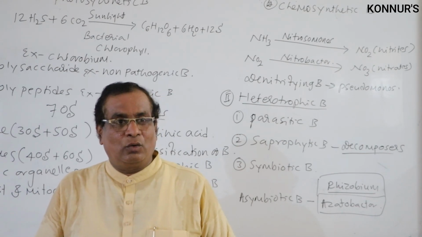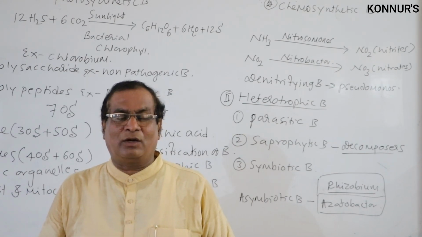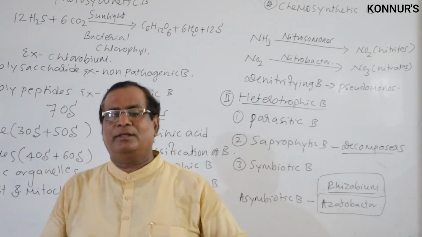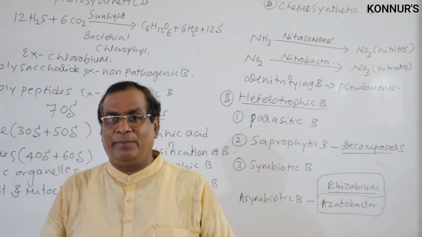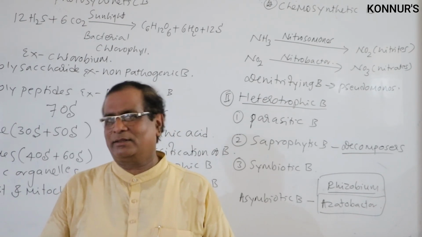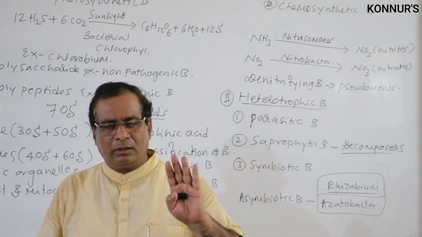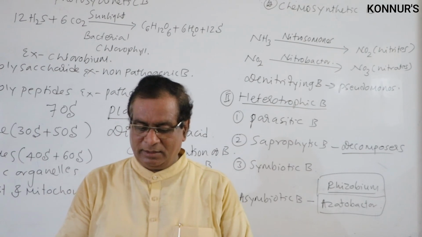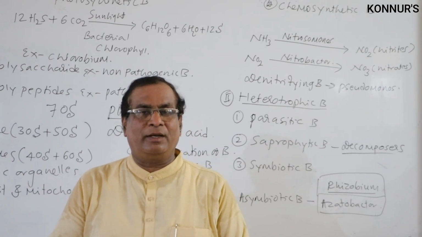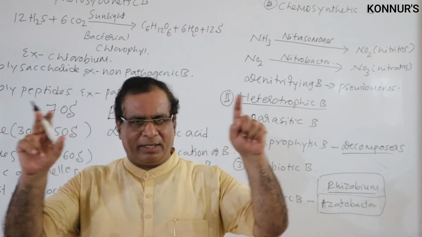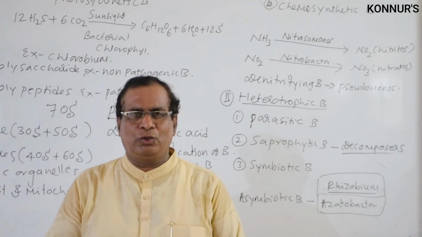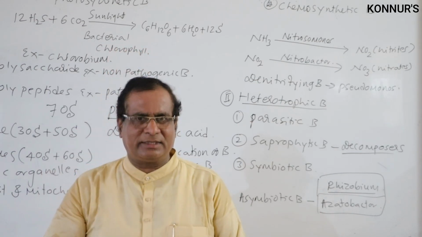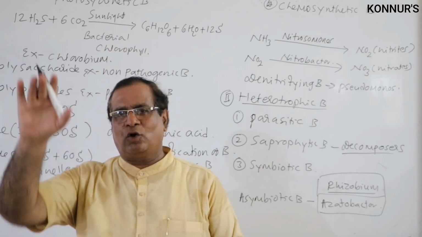Even Vibrio bacteria are comma shaped, for example Vibrio cholerae. Classification based on shape they can also ask. The very important thing concerning these bacteria is that you have to make one big chart in which you place the names of the diseases as well as the causal organisms.